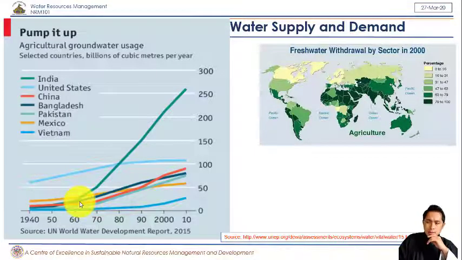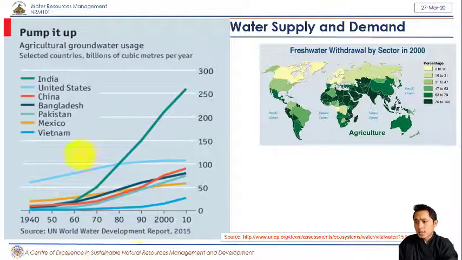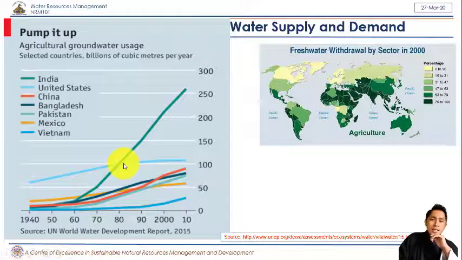A few countries like the United States jumped slightly upward around the 1980s to 1990s, and now they are almost stabilizing. The graph is going down.